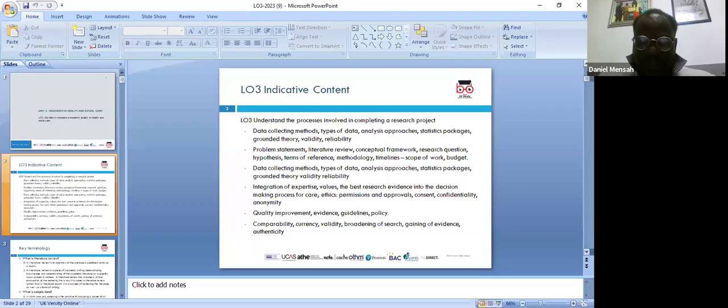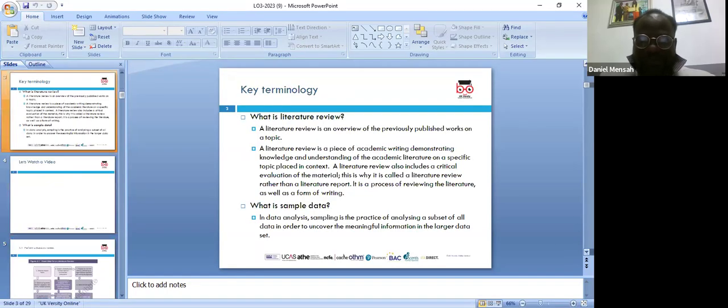Then you have to look into whether there were any ethical considerations in collecting your data, and what were the existing situations that you found.